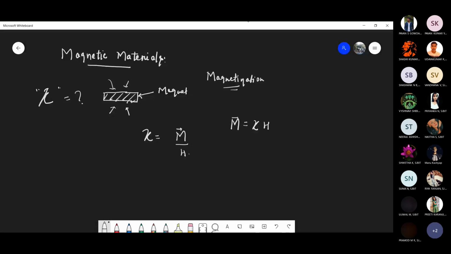This is one important relationship between magnetic field, magnetization and susceptibility. This is not X, this is psi. If you make a note, the ratio of magnetization to total magnetic field is called susceptibility.